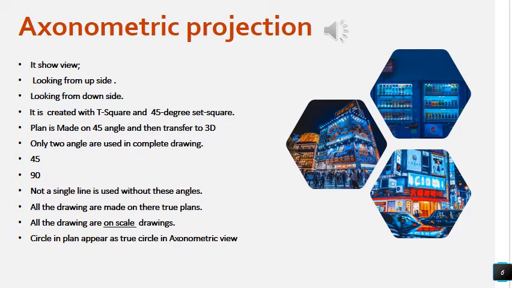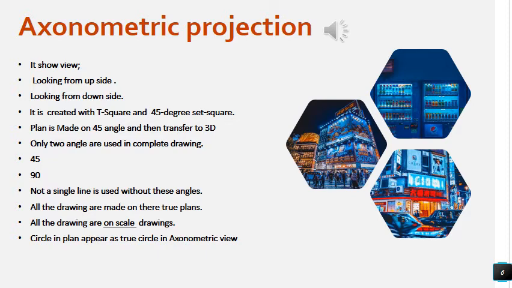All the drawings are made on the true plan, which we have already discussed. All the drawings are scale drawings: if you have made the plan at 1/4 scale, then you have to make all the details at 1/4 scale. If you make the plan at half scale, then all the details you make in 3D form in axonometric projection have to be made at half scale. A circle in the plan appears as an ellipse in the axonometric view.